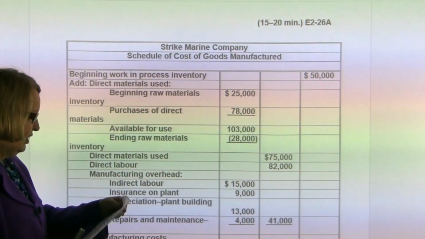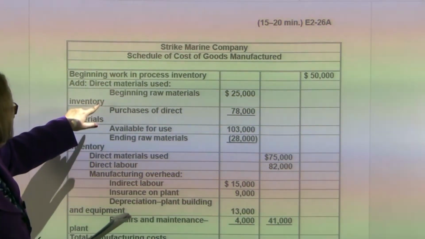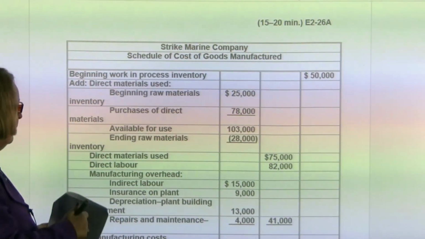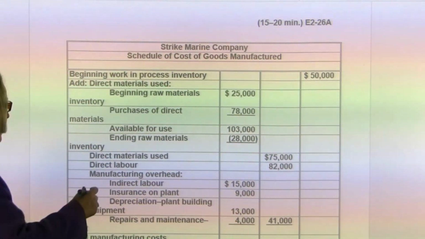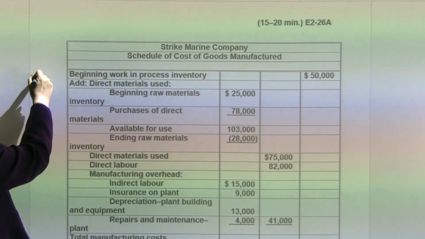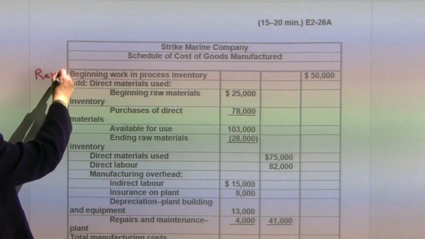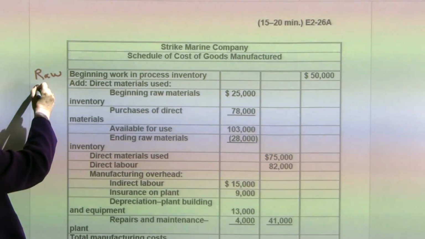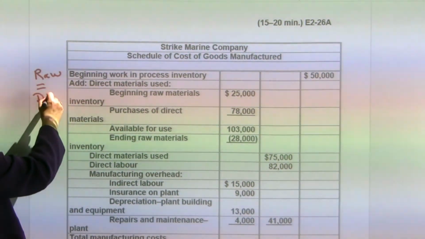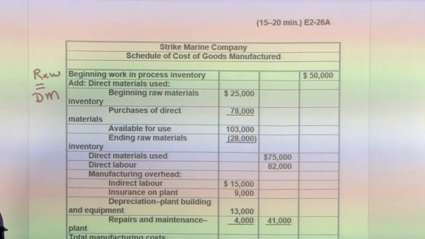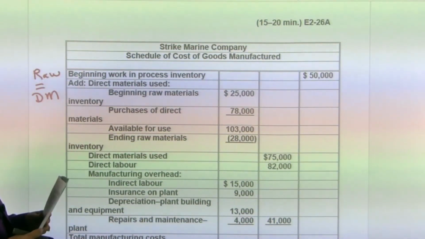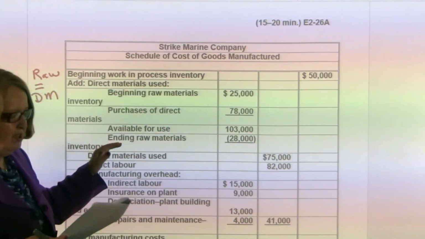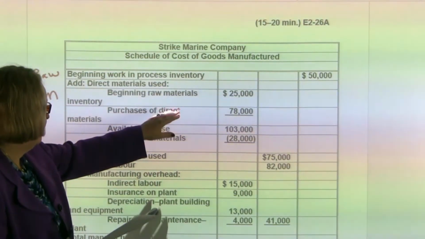So here we see the beginning raw materials inventory. It's important to note that the term raw materials is really the same as direct materials, so those terms can be used interchangeably. So you're given your raw materials at the beginning, the 25,000.